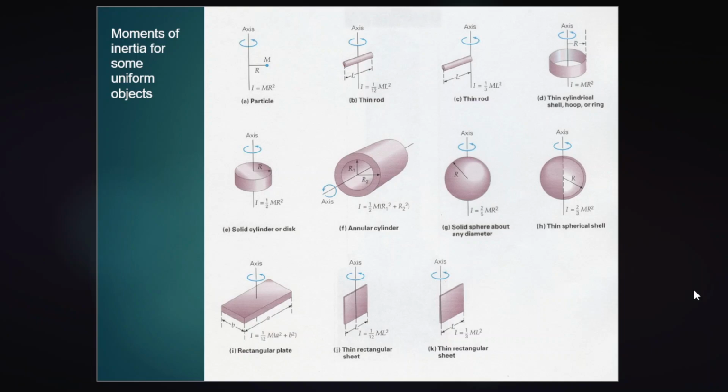Sheets are different from particles, and rods are different from cylinders. So depending on what you're rotating and your axis of rotation, the moment of inertia will change. Some things like to rotate easier than other things.